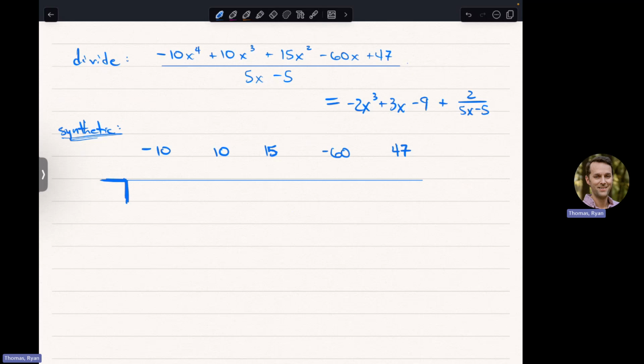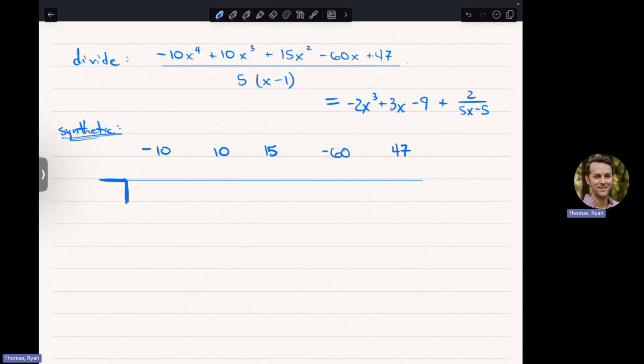Okay, now for synthetic division, we do have to make a little bit of a modification here. Synthetic division, the way it's designed, the way it sets up, is to divide by monic linear polynomials. So the leading coefficient on the thing we're dividing by needs to be 1 in order for synthetic division to work. Well, here we have 5x minus 5. But notice that I can rewrite 5x minus 5 as 5 times x minus 1.